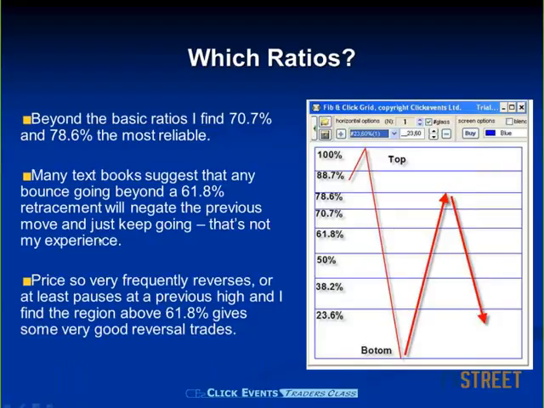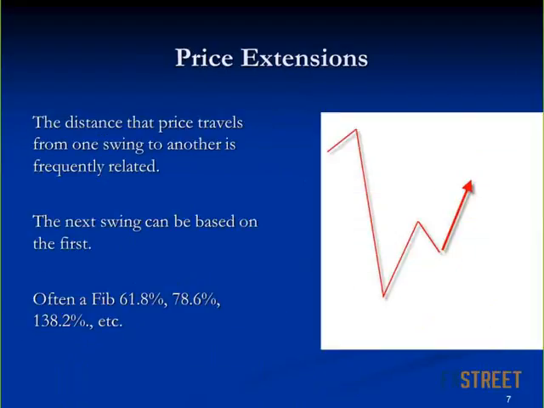So we quite often will get reversals at those levels. And what I'm really most interested in are price extensions, and to a lesser extent, things called expansions. So we're not worried about anything really other than a price extension. And this is the hub of what we're going to be looking at today.